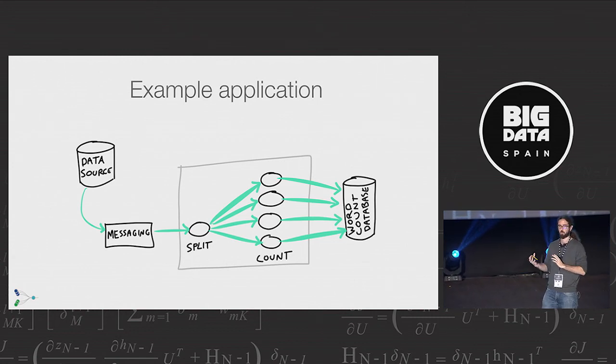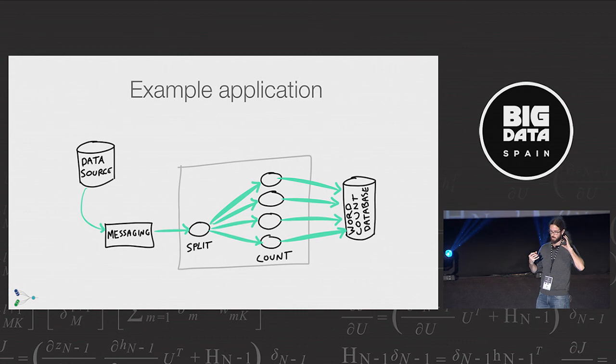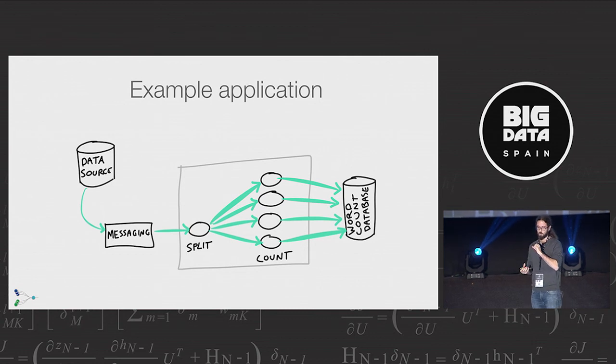And then in the stream processing system, you have a directed acyclic graph, where the data goes into the head of the graph. In this case, it's a splitter task, which splits the sentences into their constituent words. Then each word is sent to a different counting node, depending on the hash of the word.